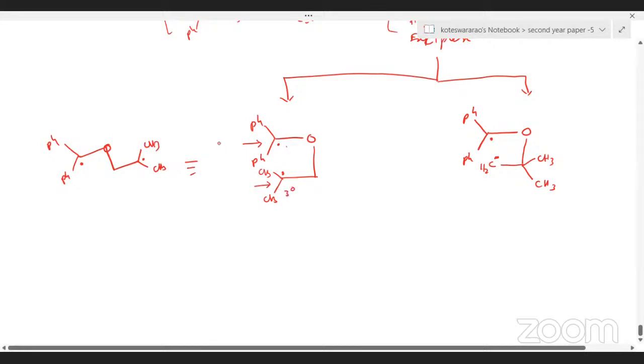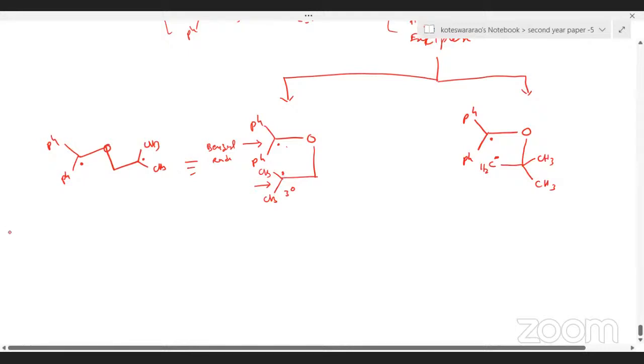This is the diphenyl benzyl radical. That means this is the benzyl radical type. The radical is attached to two phenyl groups with plus and minus mesomeric effect. Therefore, this odd electron is more stable on this carbon. Similarly, this carbon radical is also more stable.